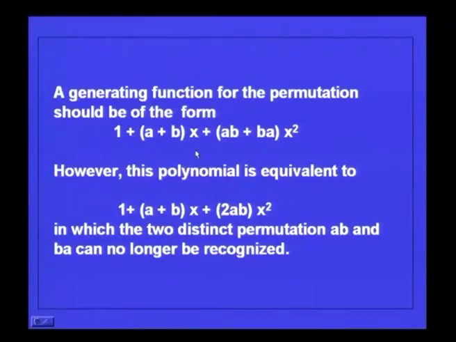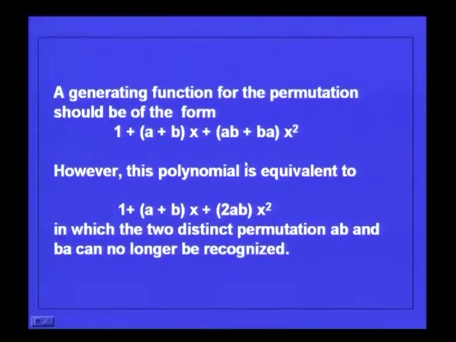So, if you want to represent this as a generating function, it should be of this form, but numerically or mathematically this polynomial is equivalent to this polynomial, because numerically you do not distinguish between AB and BA.